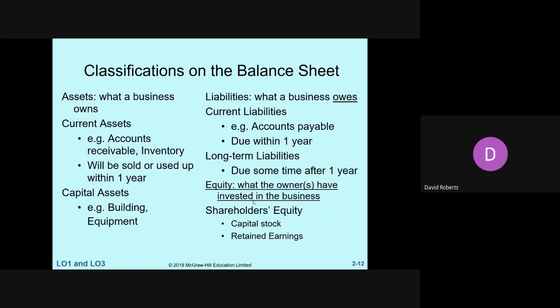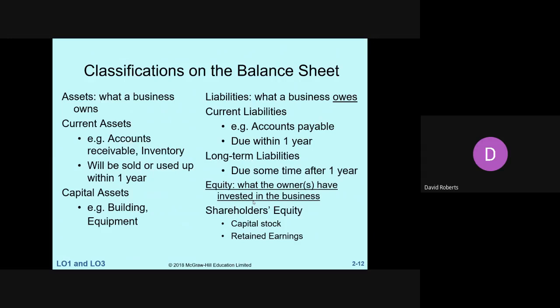So you're all familiar with this, the classifications of the balance sheet: assets, liabilities, equity. You took this way back in your intro accounting course. You know a current asset, a current liability. You know capital assets, which are sometimes called PPE, plant, property, and equipment, or fixed assets, or long-term assets. They seem to change the names. I will typically call them capital assets.